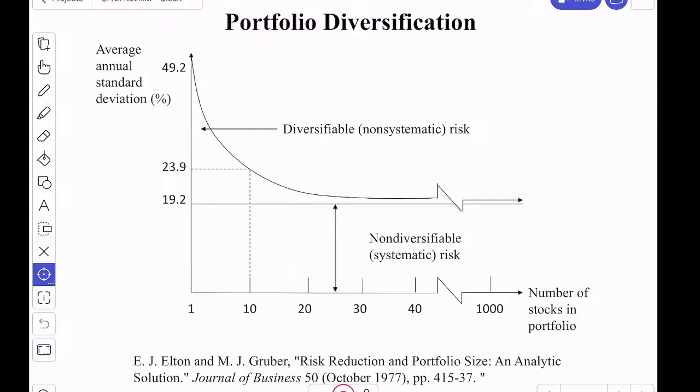So this is what financial economists did, and here is one example of an experiment that was conducted. One asset was chosen randomly and recorded, like in Excel. What we care about is the standard deviation of return.